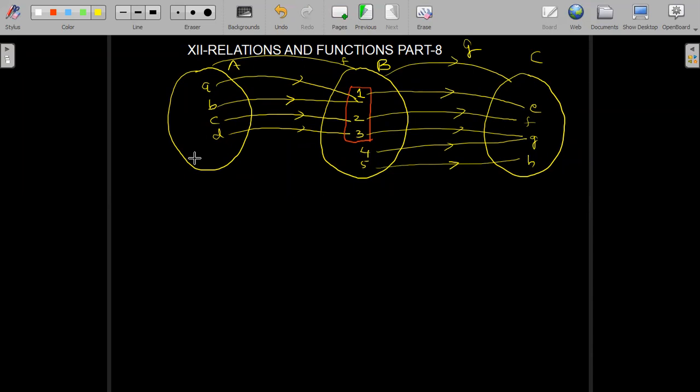Then we are going from A to C. This mapping from A to C is called GOF, not FOG.